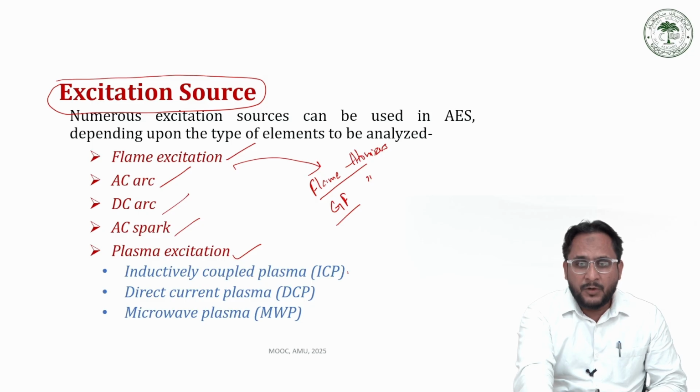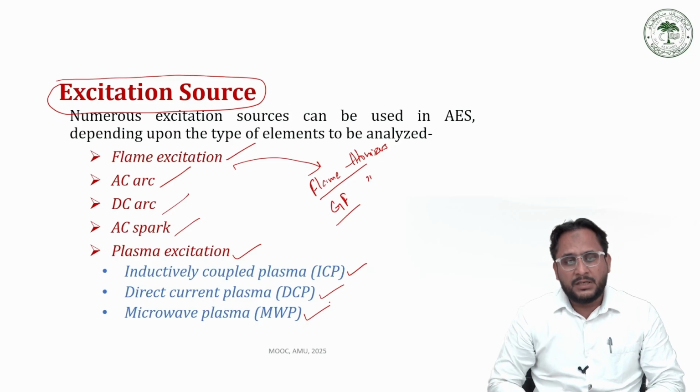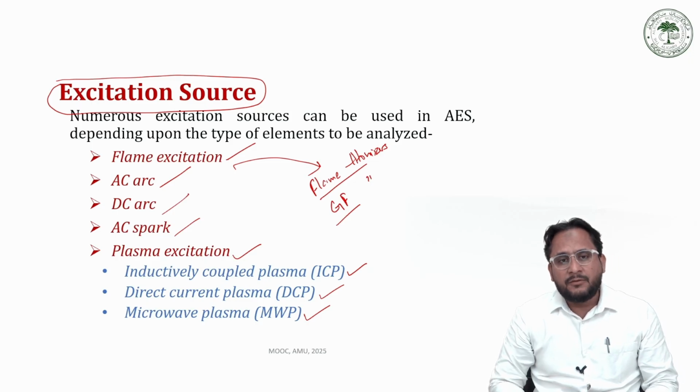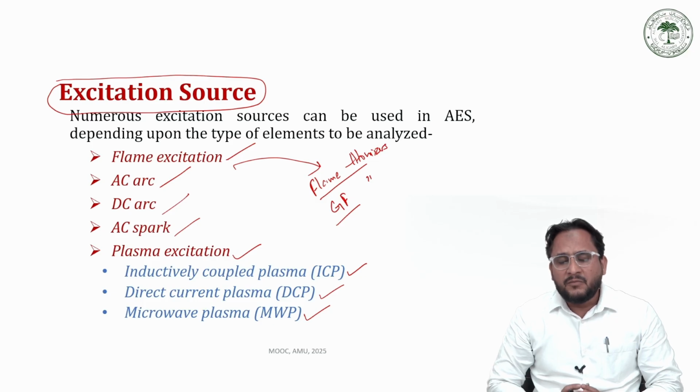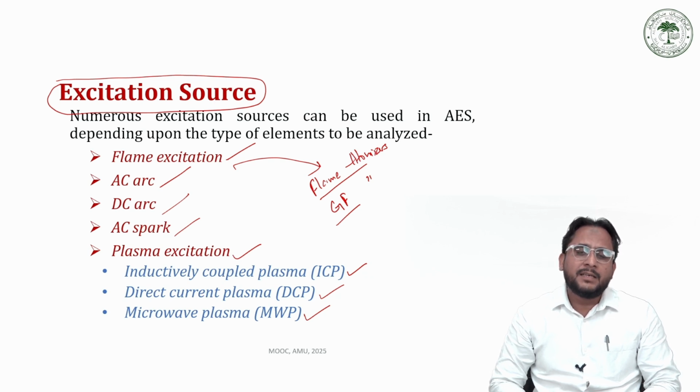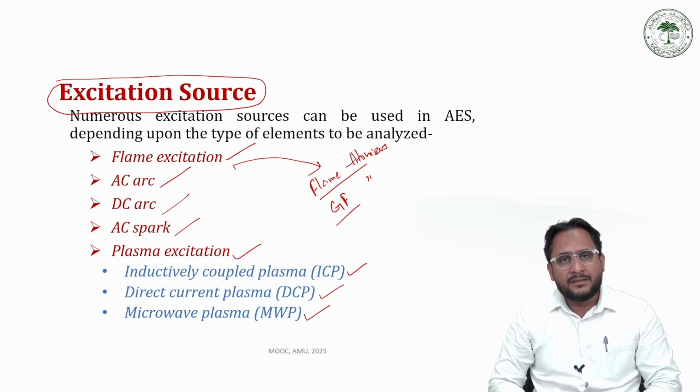One of the most popular is the inductively coupled plasma technique, then the direct plasma technique, and the microwave plasma technique. All these plasma techniques are very, very important because they have very high energy that can transform almost all the metals into their vaporized state, and then their excited state.